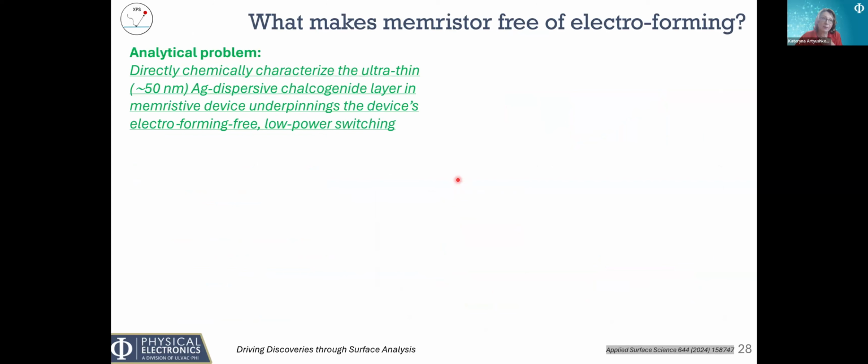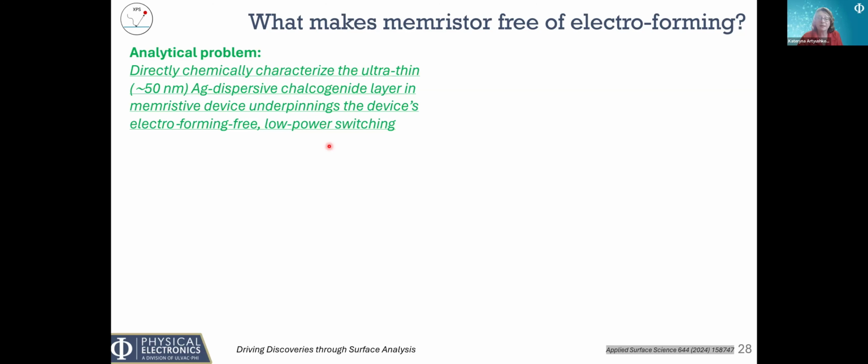This next example is an attempt to characterize ultra-thin films of silver in a memristive device that does not need any electroforming. Electroforming is a really important step. It's a single step that is usually applied to memristors to create conductive filaments, a process that creates the initial resistance.